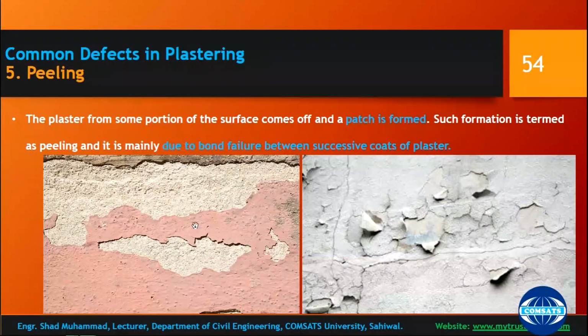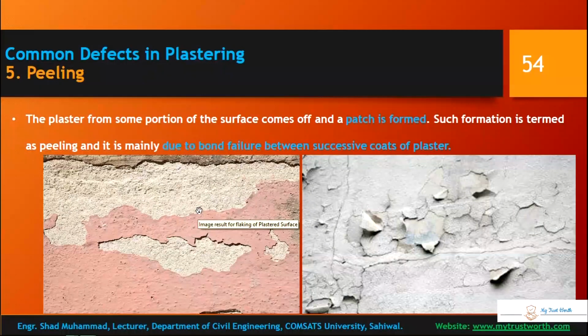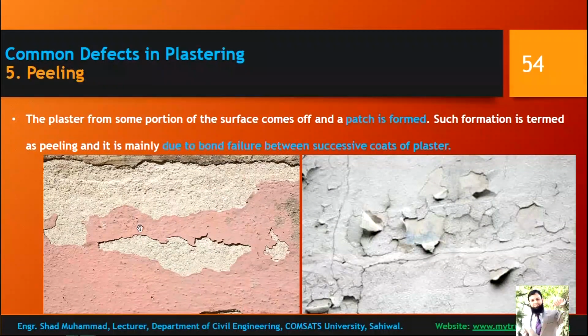You can prevent this defect by providing roughness on the previous layer, or providing keys or grooves, engravement in the previous layer, before applying the second coat or third coat.